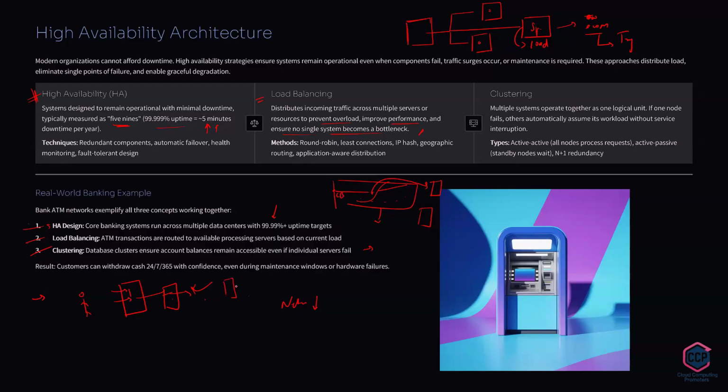Account balance will be within one server, transaction within one server, credit card within another server. In order to maintain uptime and a good ecosystem, they'll make sure there is high availability, load balancing, and clustering.